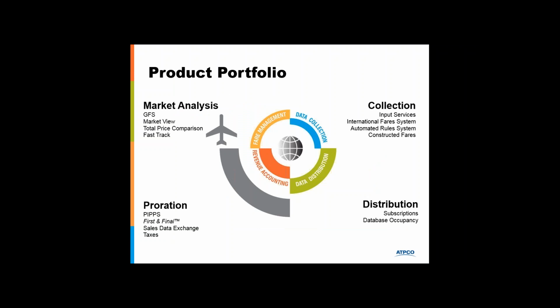And then the distribution quadrant, this is the people that purchase that input data, it gets sent to, again, subscribers that are like Amadeus, Travelport, etc.